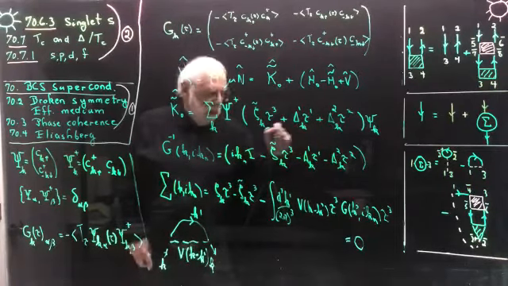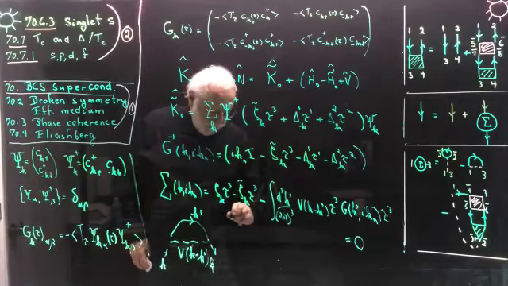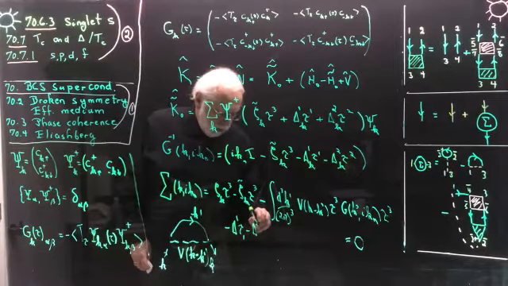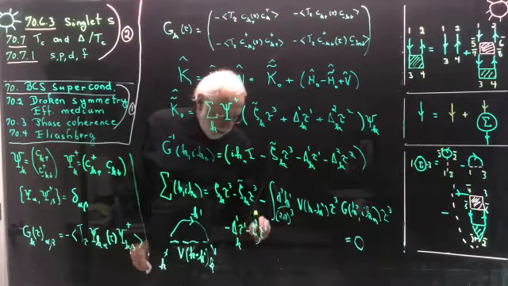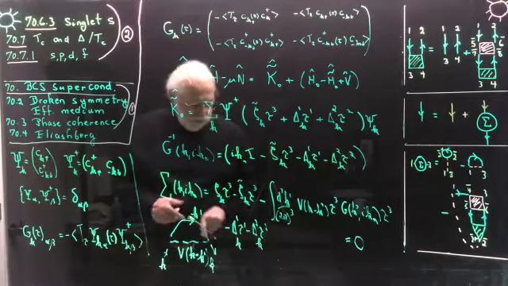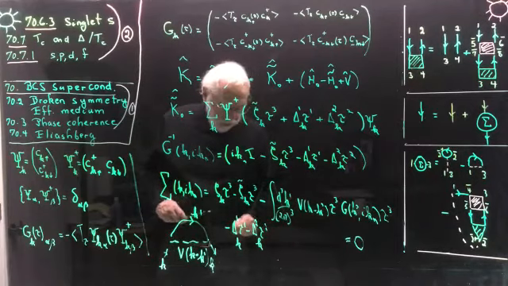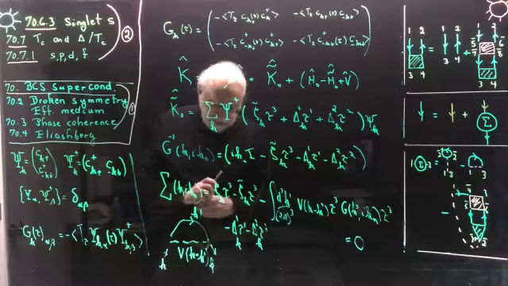I forgot them. So we have minus delta 1 tau 1 minus delta 2 tau 2, and these are functions of k. Okay, and that will give me a self-consistency equation for delta 1, delta 2, and zeta tilde.